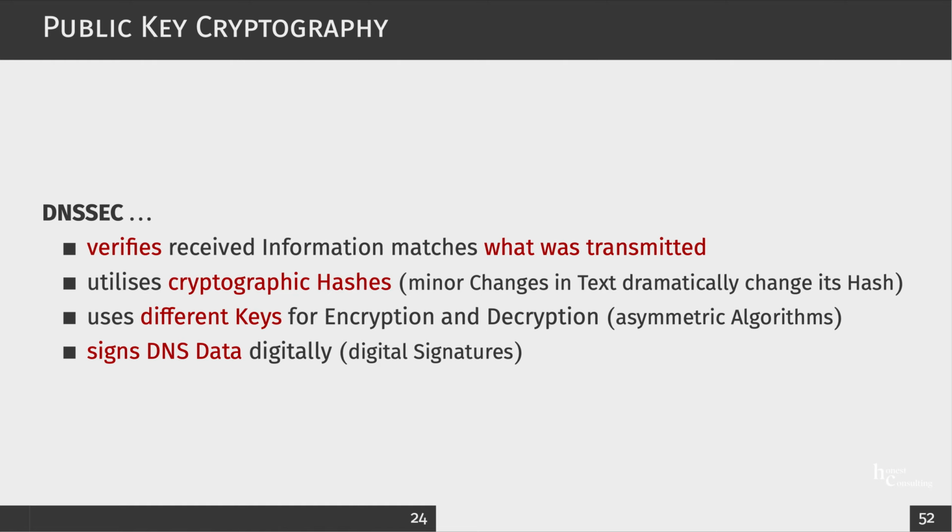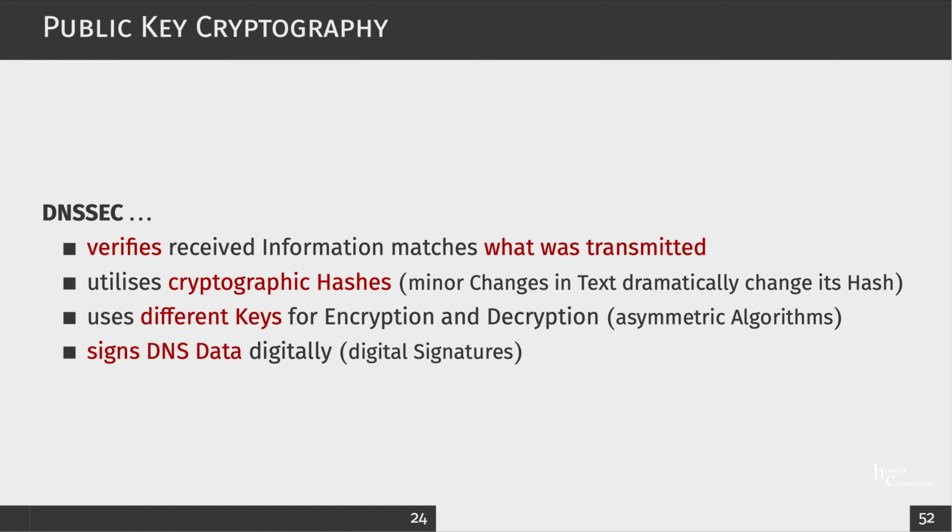So we have some hashes stored in DNS, and these hashes are quite useful because every time when you change just small portions of the text that is going to be hashed, the hash value itself is changing tremendously, and so you can easily identify even smaller changes to something like this.